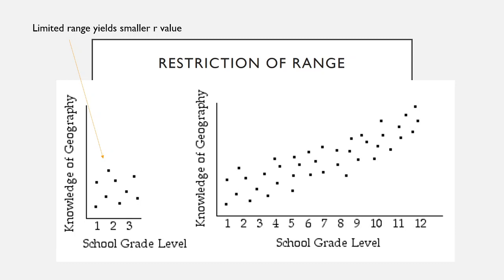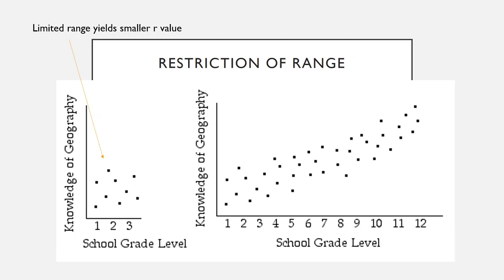Now, when I say restriction of range, the idea is that this school grade level being truncated just to include grades 1 through 3 is too much of a restricted range to accurately capture the breadth of grade school levels. A more appropriate and non-restricted representation of this variable would be to capture all of the grade levels 1 through 12.